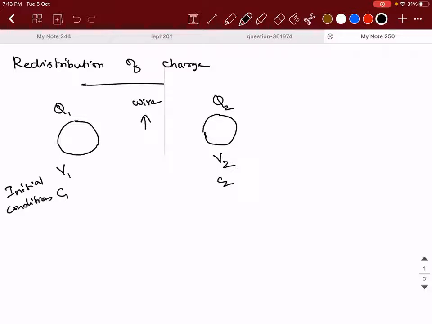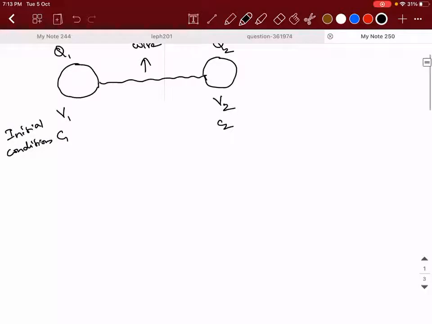Am I clear? Yes. Now what will happen if you take these two? See, capacitors are basically nothing but conductors, right? Conductors with the presence of insulators between them to store charge. Correct? So if you connect these two conductors together with the help of a wire, what do you think will happen? Charge flows from higher to lower potential.